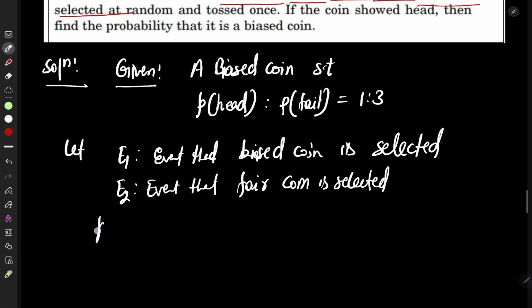Okay, so probability of E1 equals 1/2, and probability of E2 also 1/2 only, because you are selecting either the biased coin or the unbiased coin, that is, the fair coin. Unbiased means fair only, 1/2.